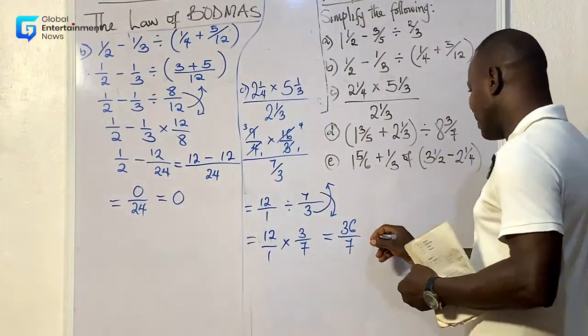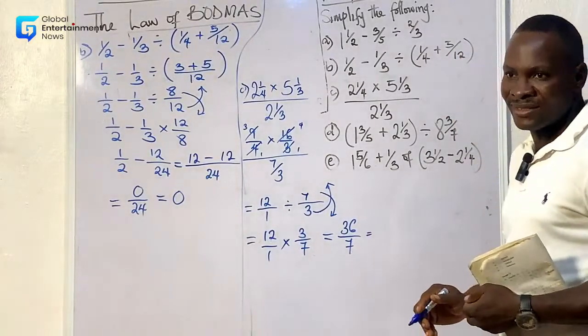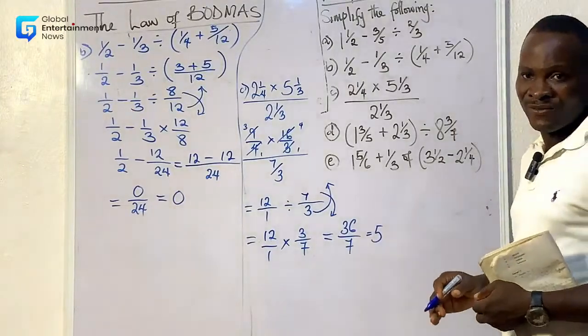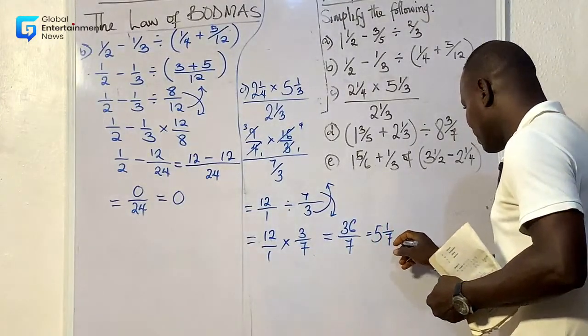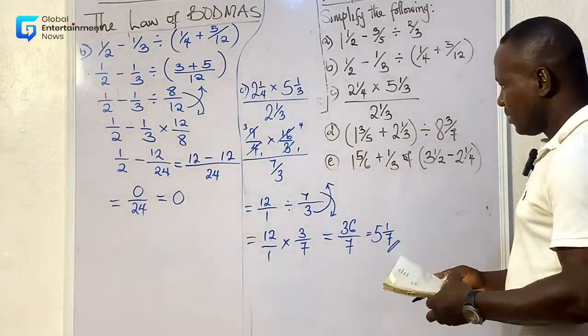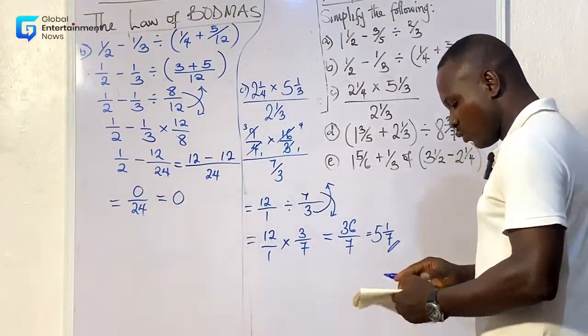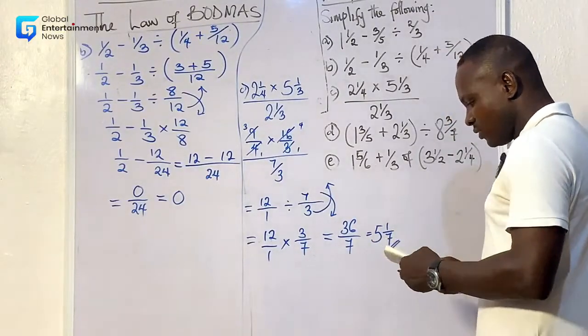Now, let's divide this now. How many 7 can we see in 36? That is 5, because 5 times 7 is 35. So what remains there is what? 1 all over 7. And that is the answer for the third part of the question.